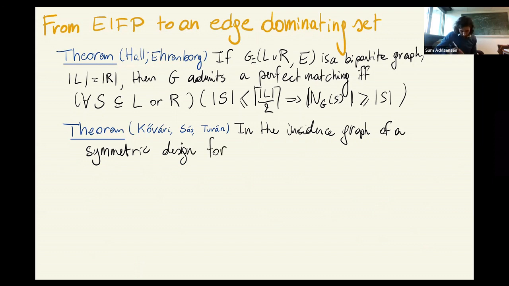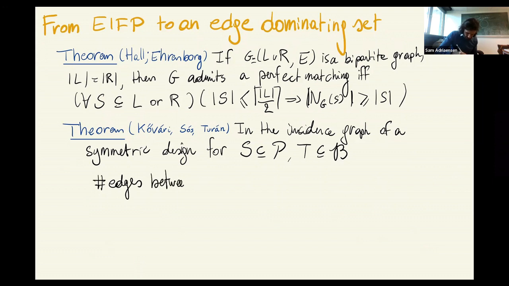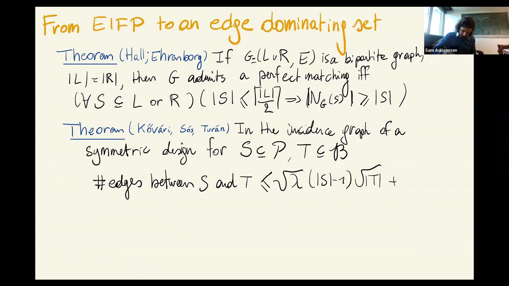Then if you take a subset S of the points and a subset T of the blocks, then the number of edges between these two sets will be at most square root lambda times (the size of S minus 1) times square root of the size of T, plus the size of T. And since this holds in the incidence graph, it holds in all of the subgraphs of the incidence graph.